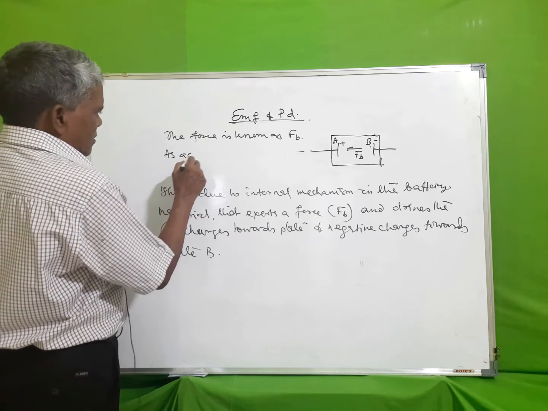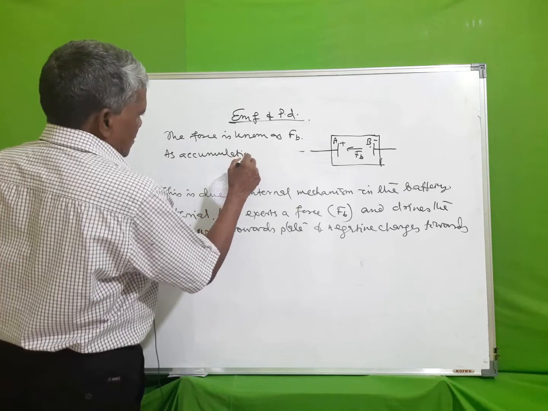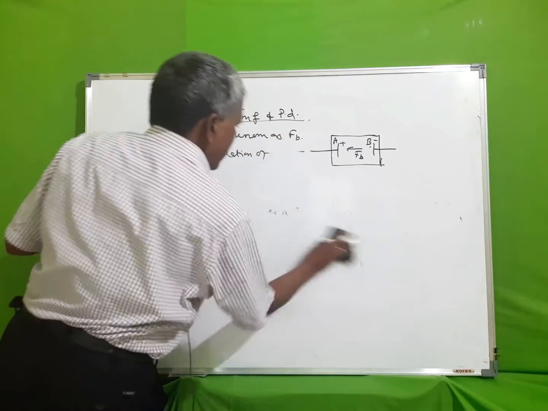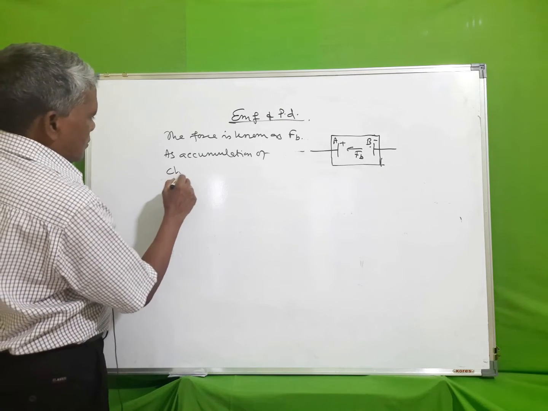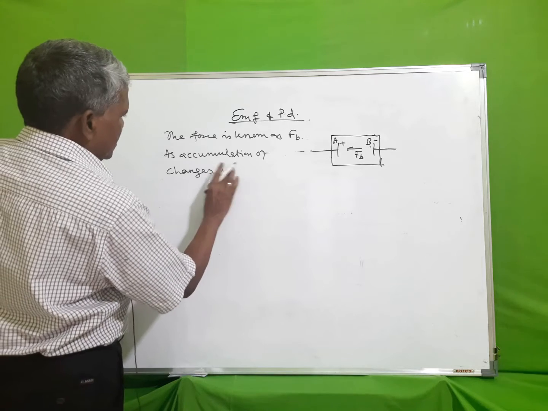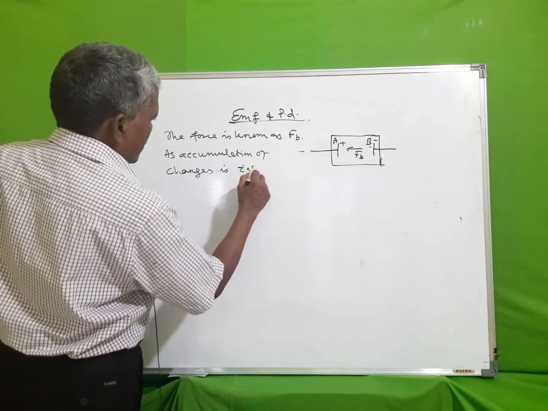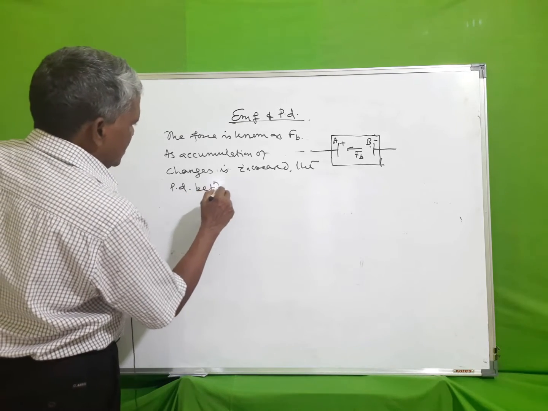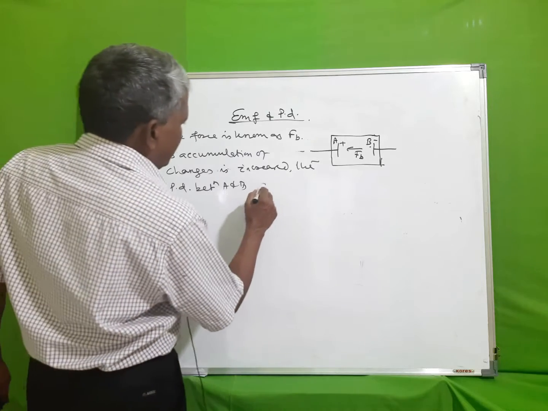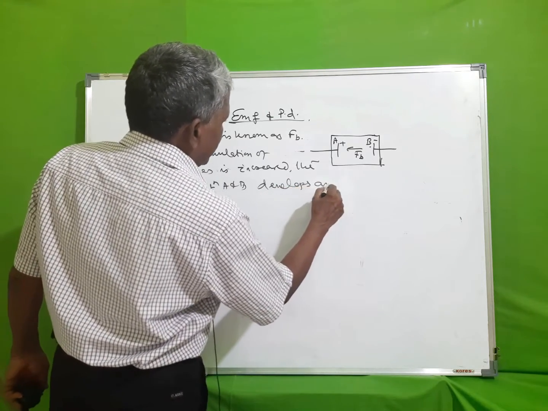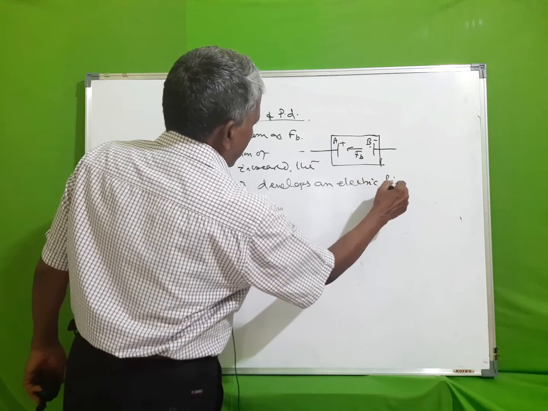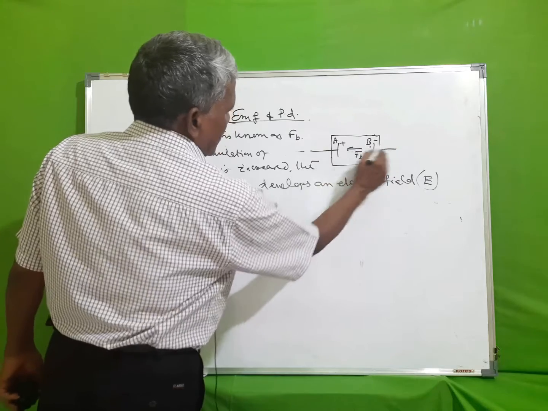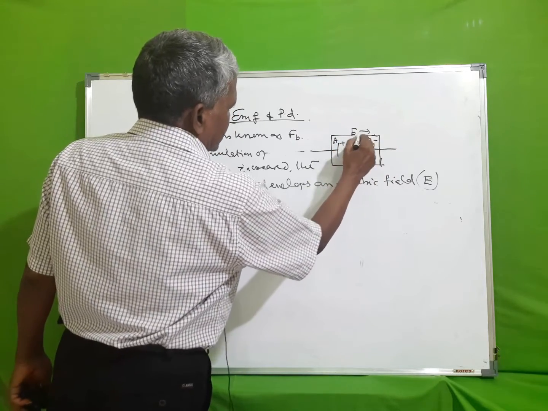As accumulation of charges increases, the potential difference between A and B develops an electric field E. So the electric field is from the positive plate to the negative plate, towards the right.